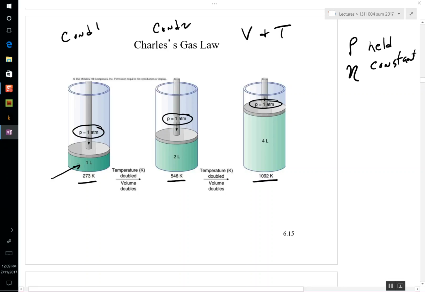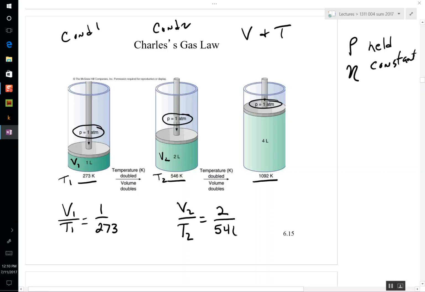So this is your volume 1, and this is your T1. This is your volume 2. This is your T2. V1 over T1 is 1 over 273. V2 over T2 is 2 over 546.